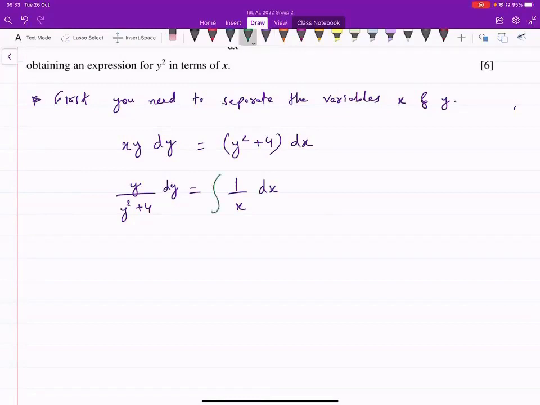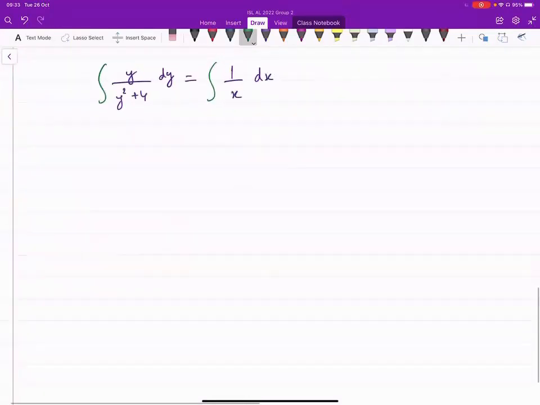Then you integrate, and now it's normal integration process. It's not पहले integration करते आ रहे हो सारे functions की, उसी तरह से normal integration होएगी, और आपके पास automatically वही आ जाएगा जिसने कहा होगा y square in terms of x. So how do you do that? इस पे ln लग सकता है, right? Because the derivative of the denominator can come in the numerator somehow. y square plus 4 का derivative क्या होएगा? 2y.